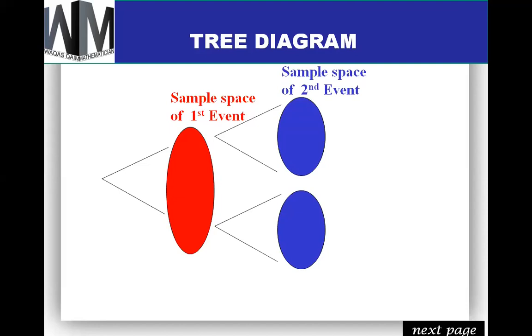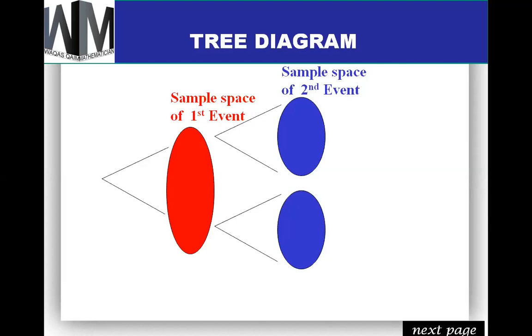If there are three outcomes, you write it three times. If there are five outcomes, you write the sample space of the second event five times. So in a tree diagram, you write the sample space of the second event before every outcome of the first event.